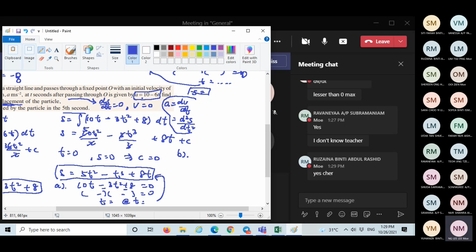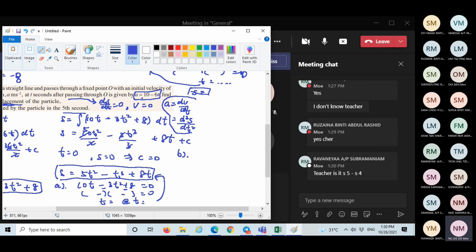Can you please tell me, is it S what minus S what, and then modulus? Ruzaina, if you don't know, let me know, so I call the next girl to try.